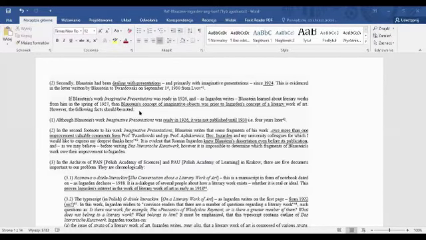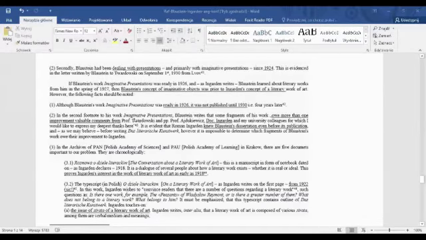First, although Blaustein's work, Imaginative Presentation, was ready in 1926, it was not published until 1930, that is 4 years later. And in the second footnote to his work, Imaginative Presentation, Blaustein writes that some fragments of his work owe more than one improvement to valuable comments from Professor Twardowski, Professor Ajdukiewicz, docent Ingarden, and my university colleagues, for which I would like to express my deepest thanks here.